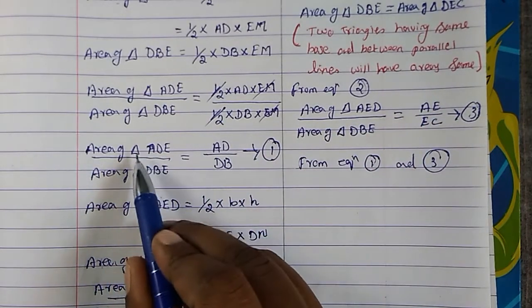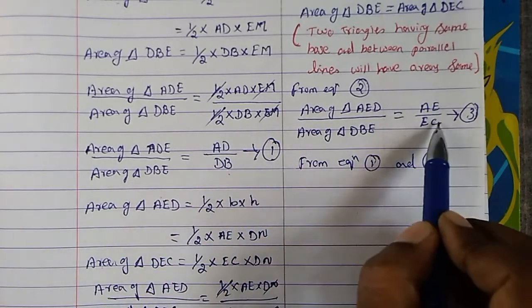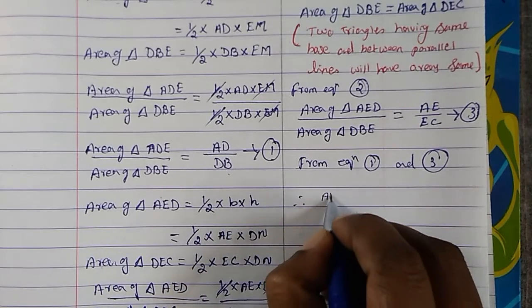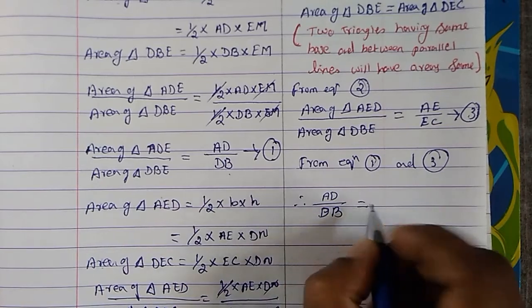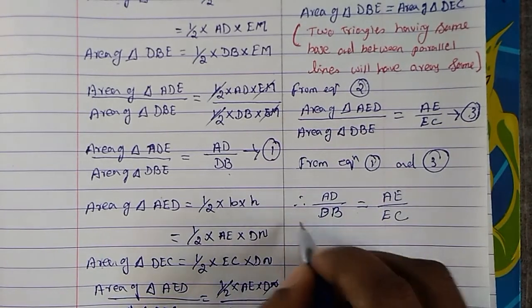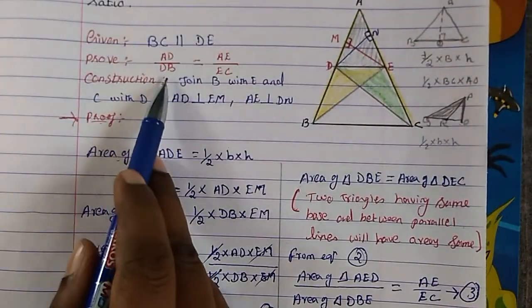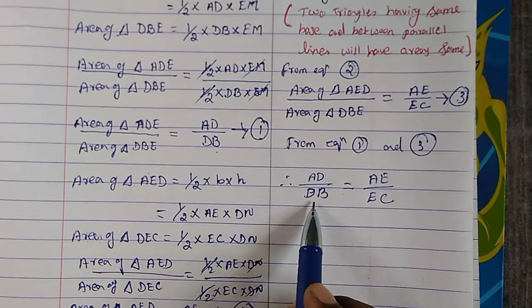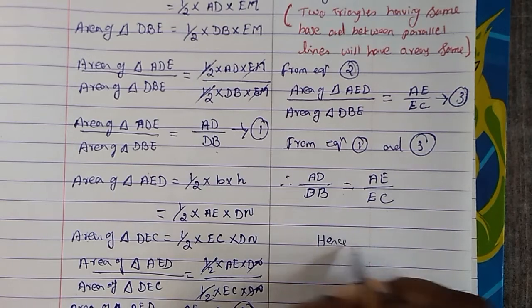So therefore AD upon DB will be equal to AE upon EC. So have we proved this? You see, AD upon DB is equal to AE upon EC. Hence, proved.